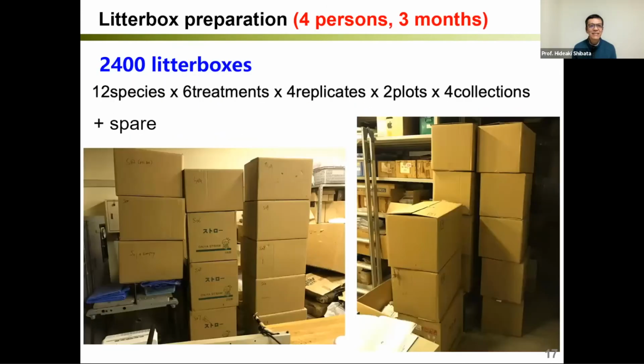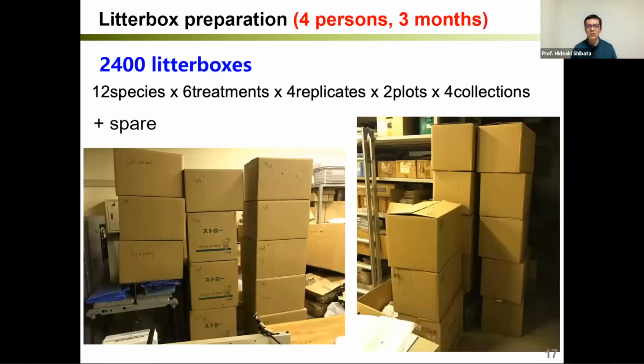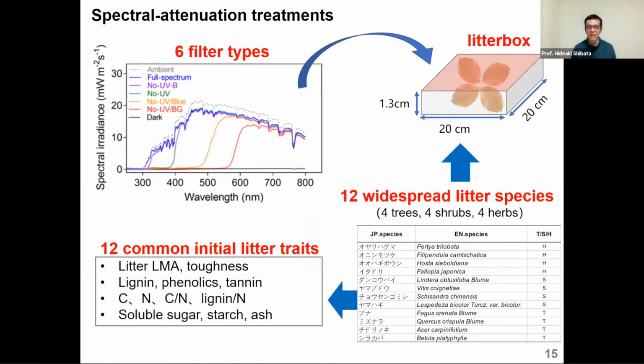It seemed that the box can cut several wavelengths of the solar radiation for your manipulation studies. So my question is, I'm interested in the current mechanisms, what happened due to the change of radiation.